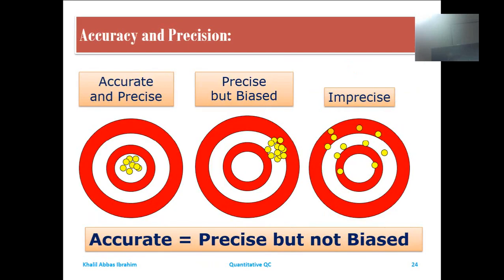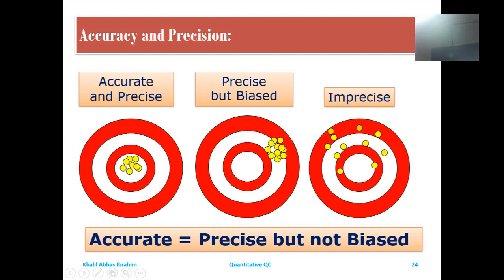The measurements which have been achieved through examining control materials lie on the center of the central circle, quite close to each other. Closeness of those values to each other indicates precision, and also the closeness of all those values to the central point, which is the target value, indicates accuracy.